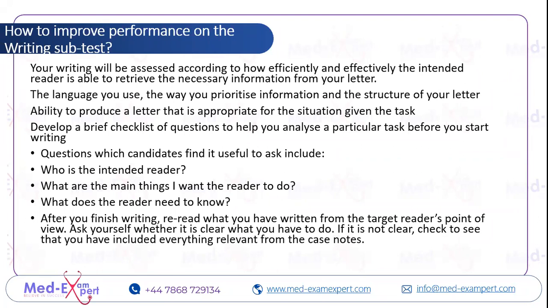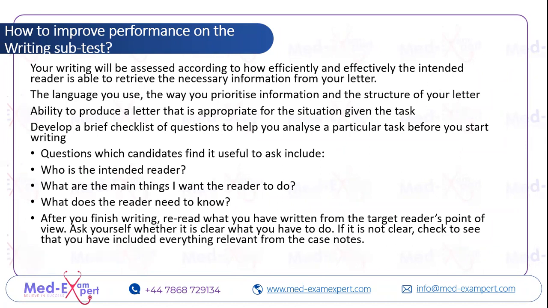I want the endocrinologist to confirm the diagnosis. Whatever I am suspecting, I want the opinion of the endocrinologist. Do I want further treatment, further management? Do I want him to continue the ongoing care or follow the discharge instructions and take care of the patient? Or do I want the person to admit the patient immediately? So that is what I want the reader to do.